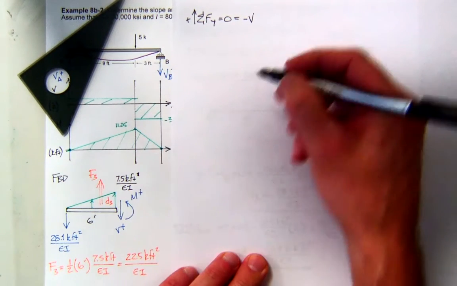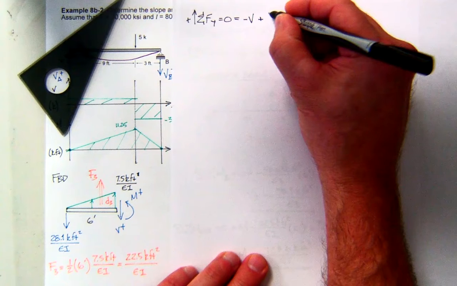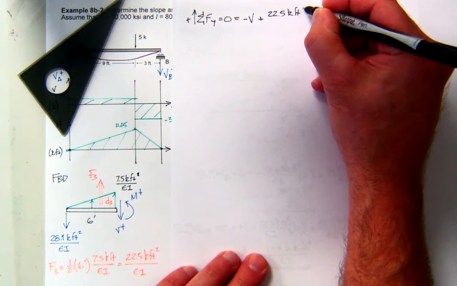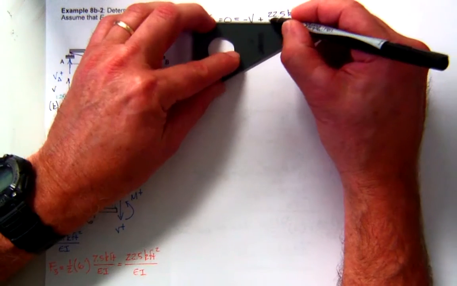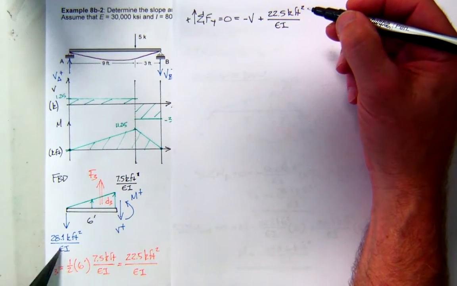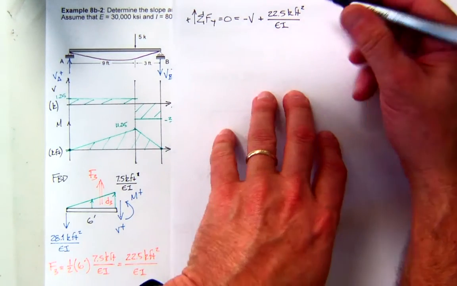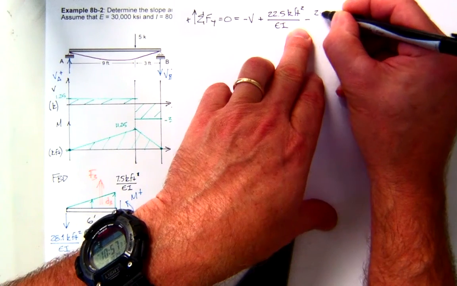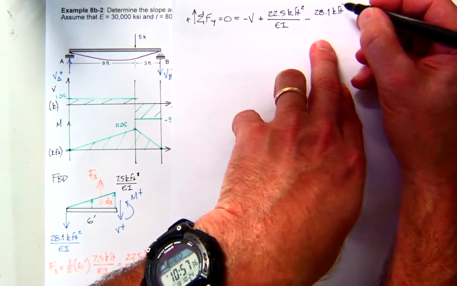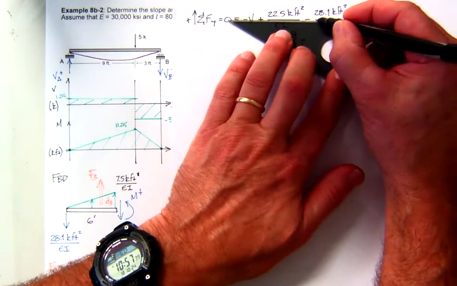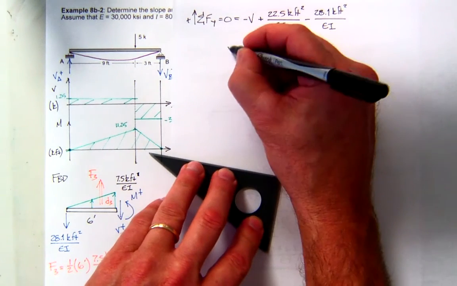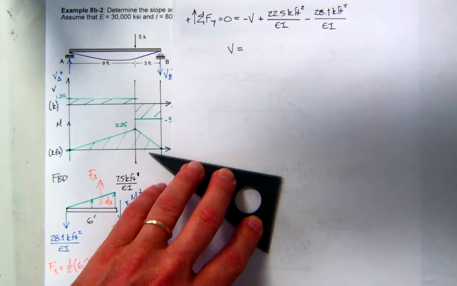My F3 force is up, and that was 22.5 kip feet squared divided by EI. And what else? I've got the 28.1 force acting down. So what is the shear? Negative 5.6 kip feet squared over EI.